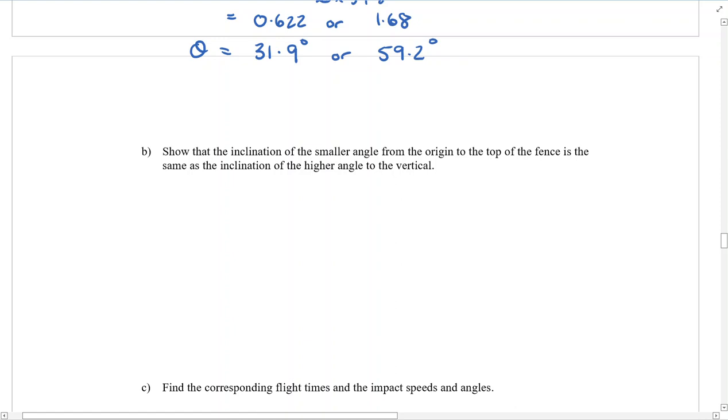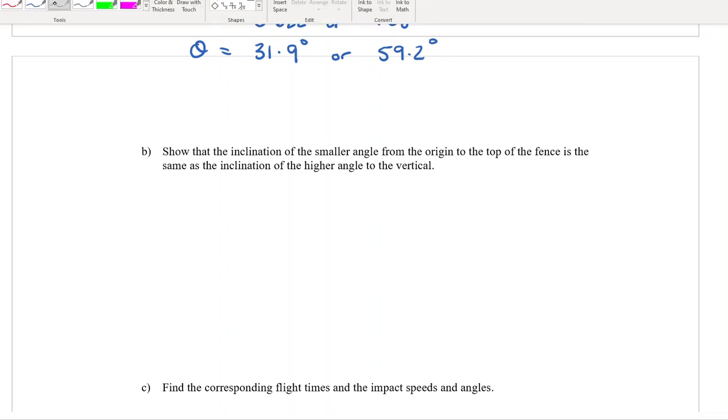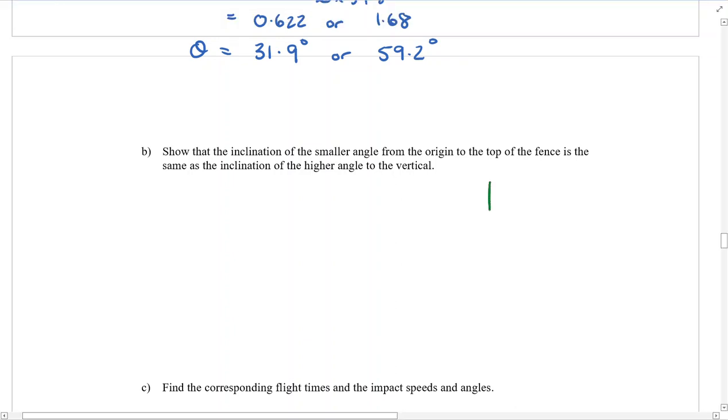So what is happening is we have got our projectile here with our fence. I have a smaller angle that could maybe go like that to just get the top of my fence. Or if we project it a bit higher, it might come down, still just touch the top of that fence.